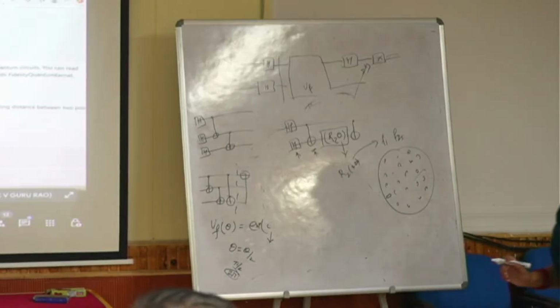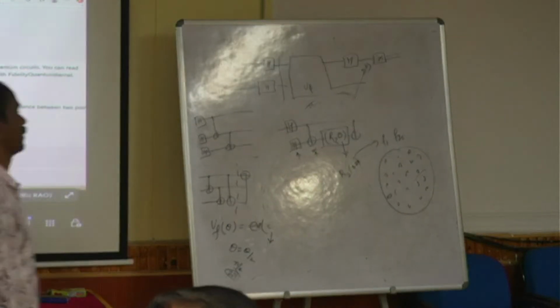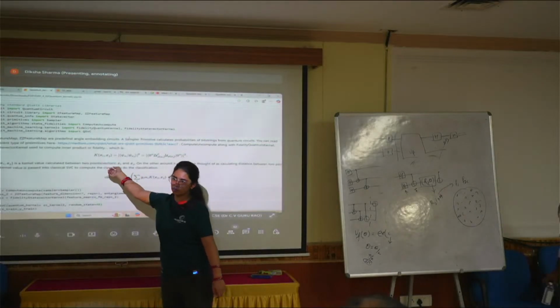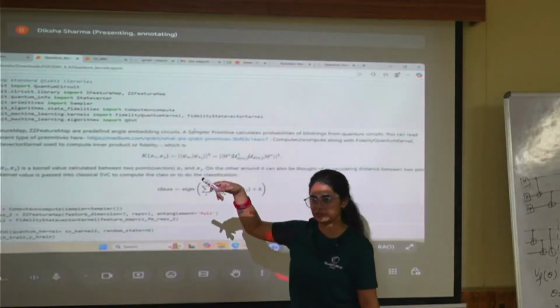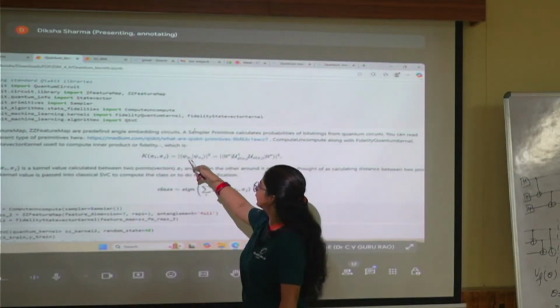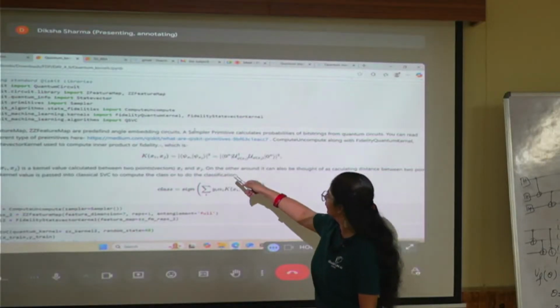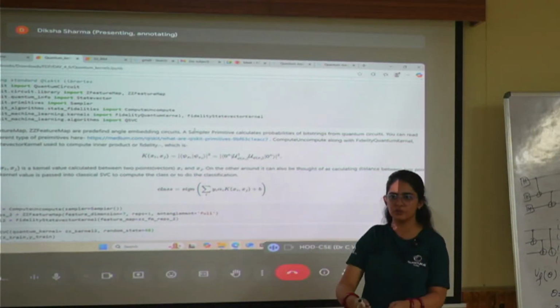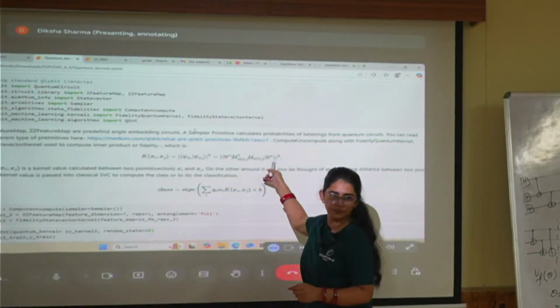Now this is your kernel k of xi xj. Classically you write it in this form. In the previous session we saw that this can be written as an inner product, and if you consider the feature map and all those unitary functions, it can be written in this form.